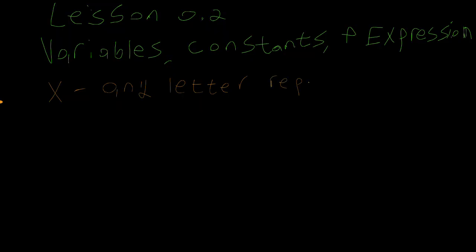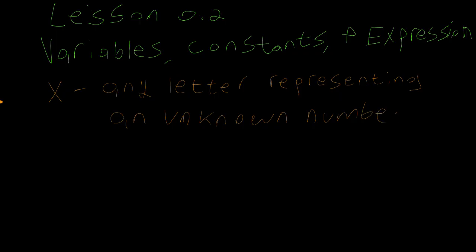So a variable is a letter, any letter, representing an unknown number. Okay? So that's a variable. It can be any letter. It could be X, it could be Y, it could be F, so on and so on. Any letter.